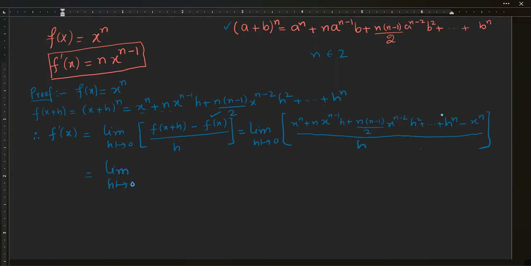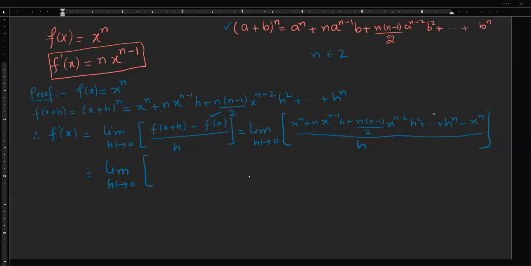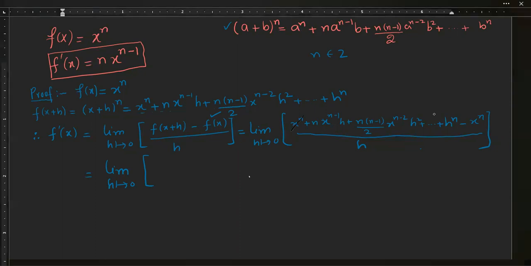h tends to 0. हम क्या कर सकते हैं अब? This x^n gets cancelled with this x^n. So what we are left with?